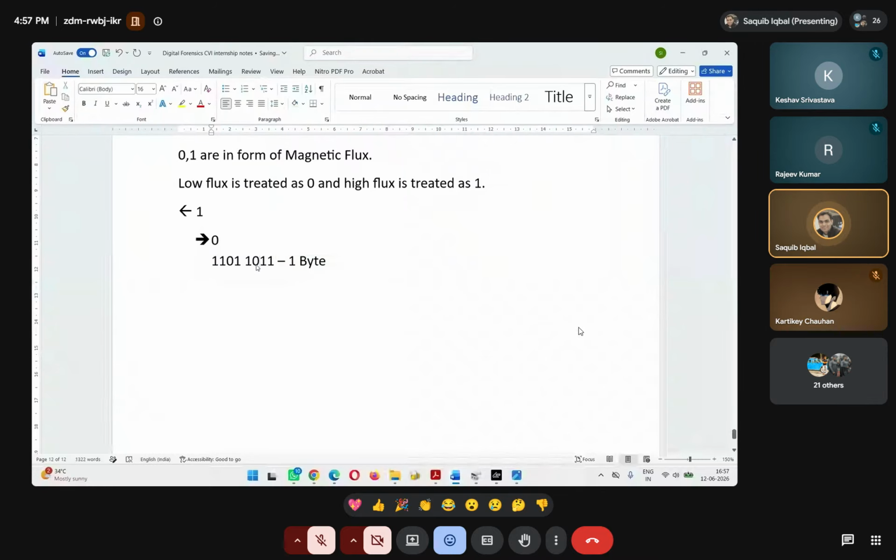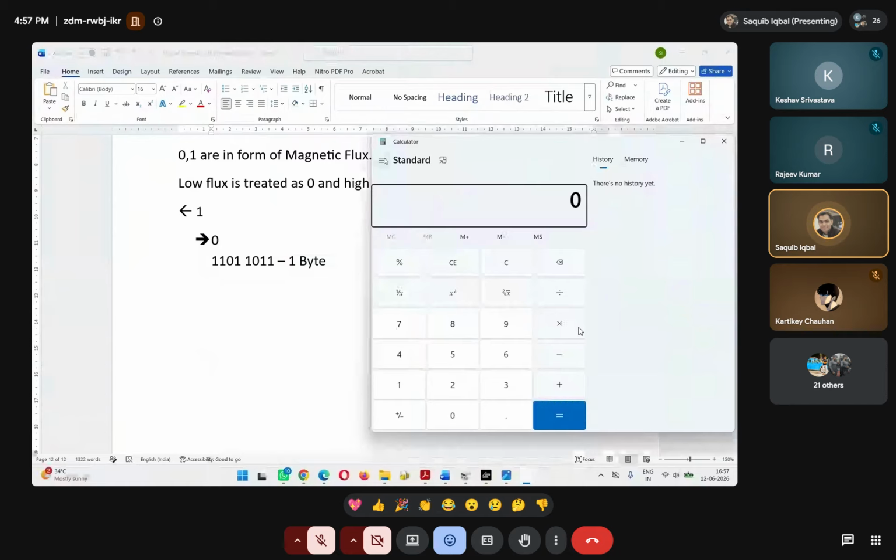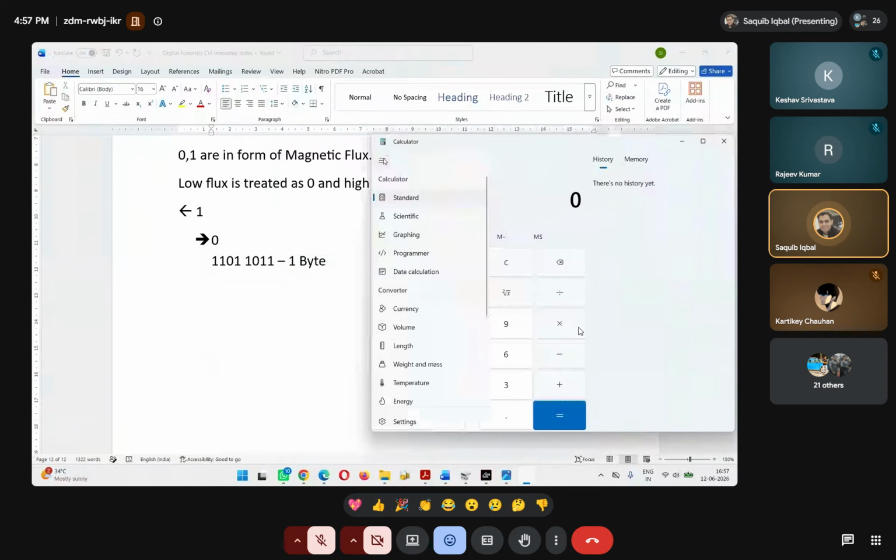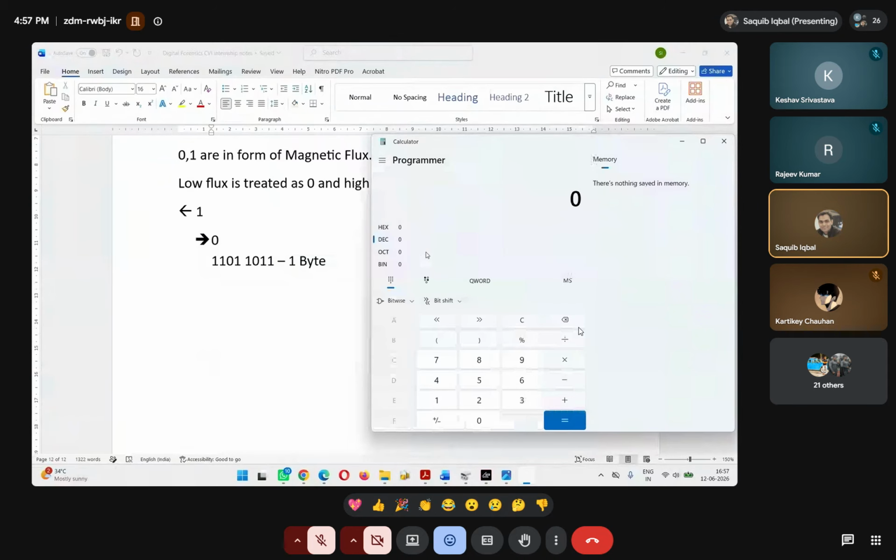There is a simple shortcut way. You can open your calculator, go to programmer, go to binary, and just write down the number 1 1 0 1 1 0 1 1.